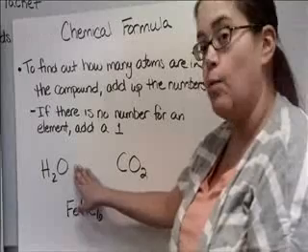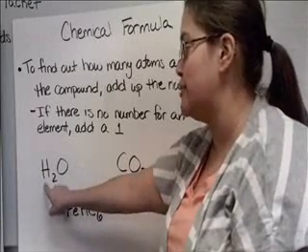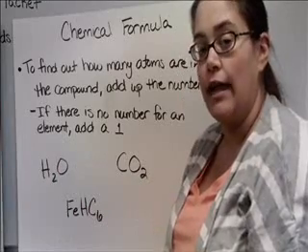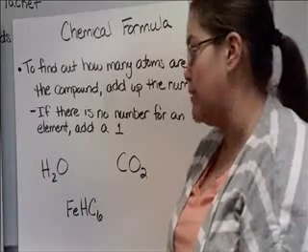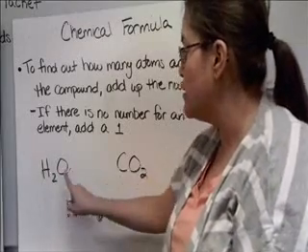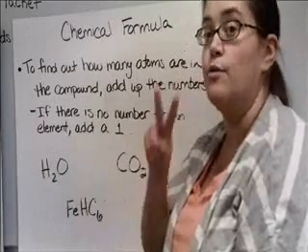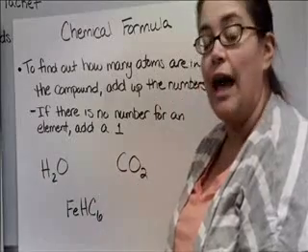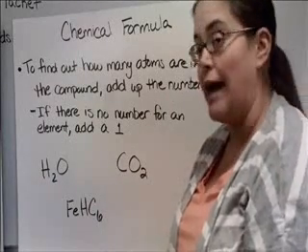The first one is water. It is made up of hydrogen and oxygen. So to find out how many elements are in your compound, you count the capital letters. So 1, 2. There are 2 different elements that make up water. To find out how many total atoms there are, you add up the numbers.